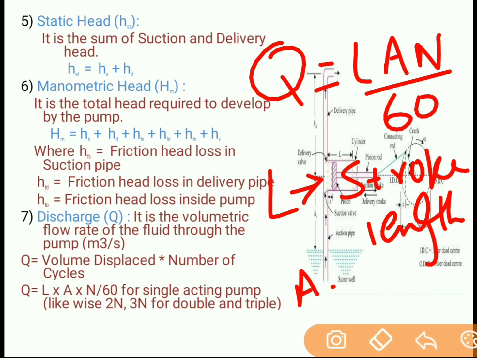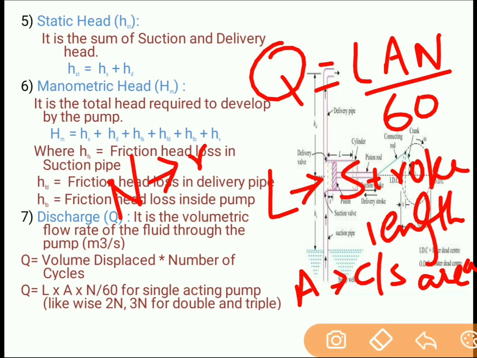A is the cross-sectional area, and capital N is nothing but the RPM of the crank.